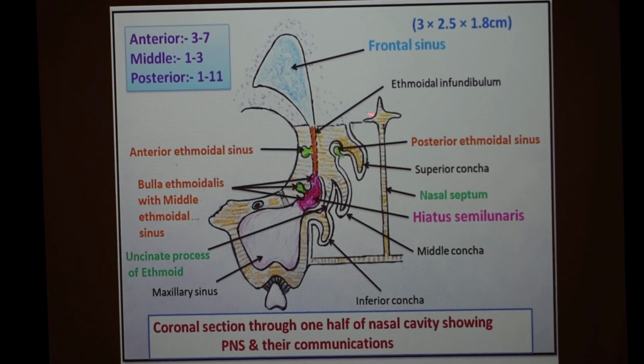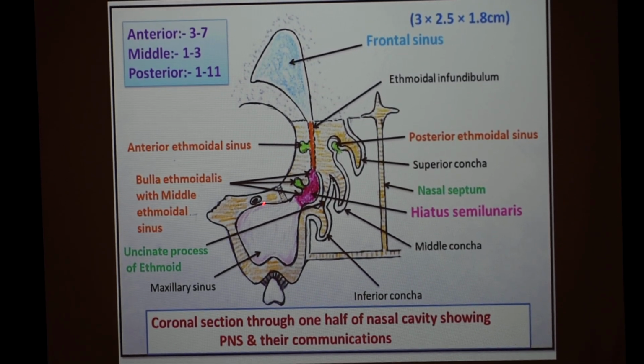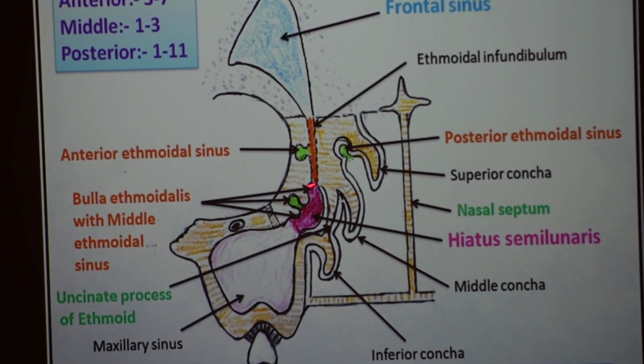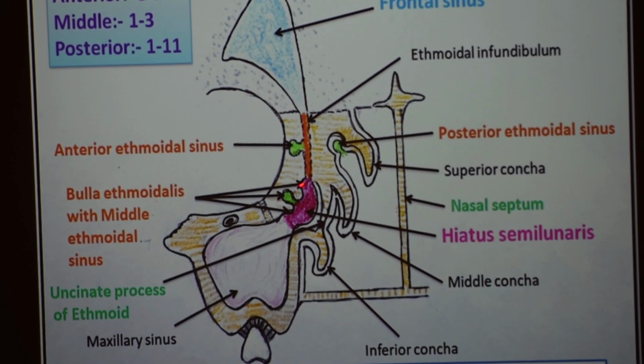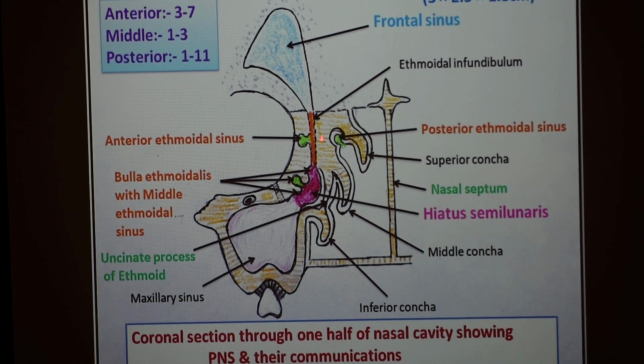The posterior ethmoidal air sinus drains into the retropharyngeal group of lymph nodes, and the anterior and middle ethmoidal air sinuses drain into the submandibular group of lymph nodes. So this is about the communication of the ethmoidal air sinus with the middle meatus as well as the superior meatus of the lateral wall of the nose.